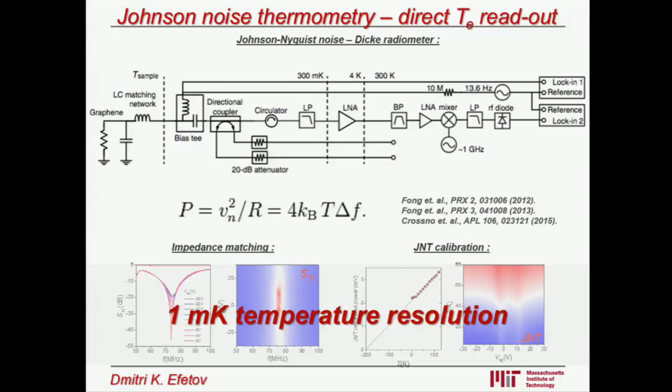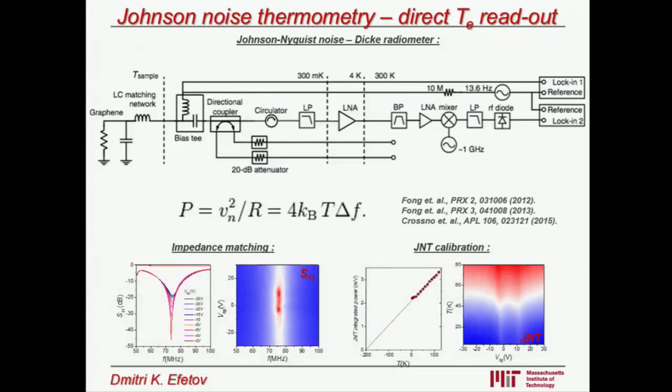How we do it is we sit at a constant temperature, we equilibrate our cryostat, and then we look at the statistical deviations of our signal. First we do a calibration.